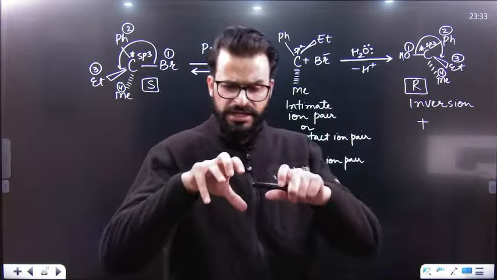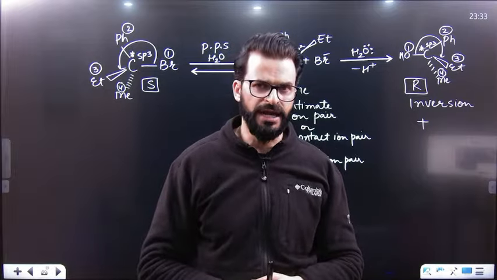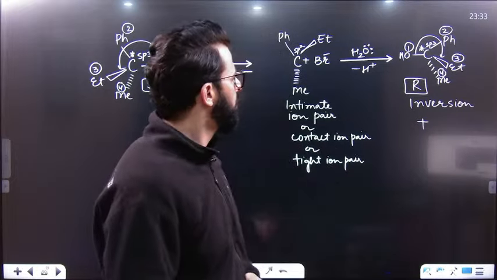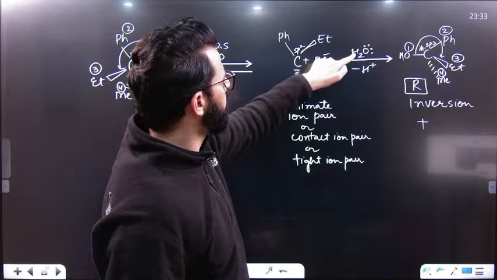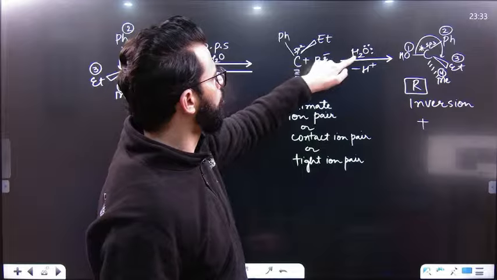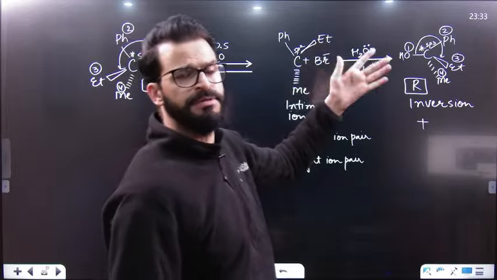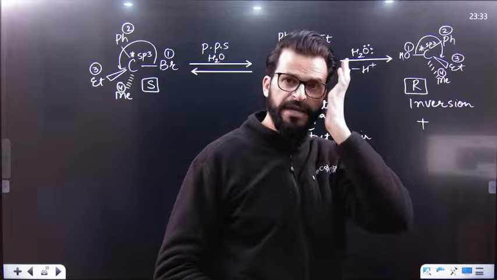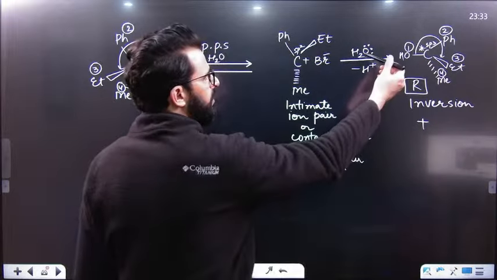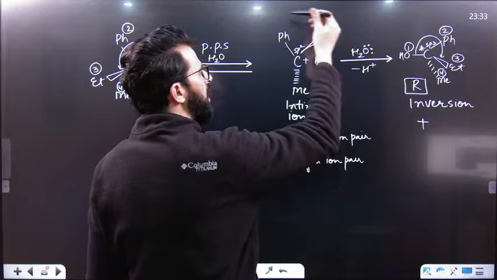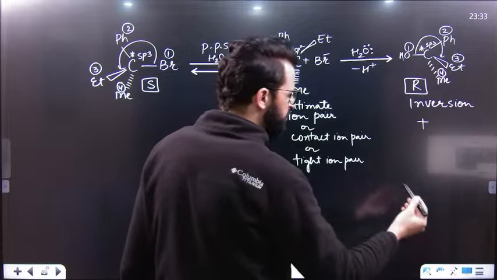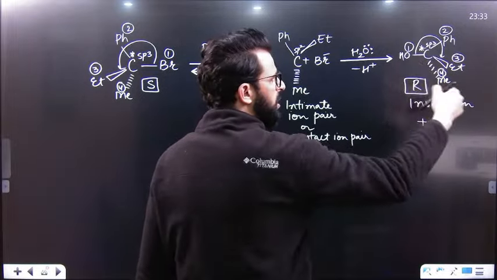So these ion pairs will become solvent separated ion pair. That means at that time, now nucleophile will come and it will attack on this carbocation from this side, because this Br minus has been separated by solvent. So after some time, it will attack on front side as well as on back side. That means this is initially.